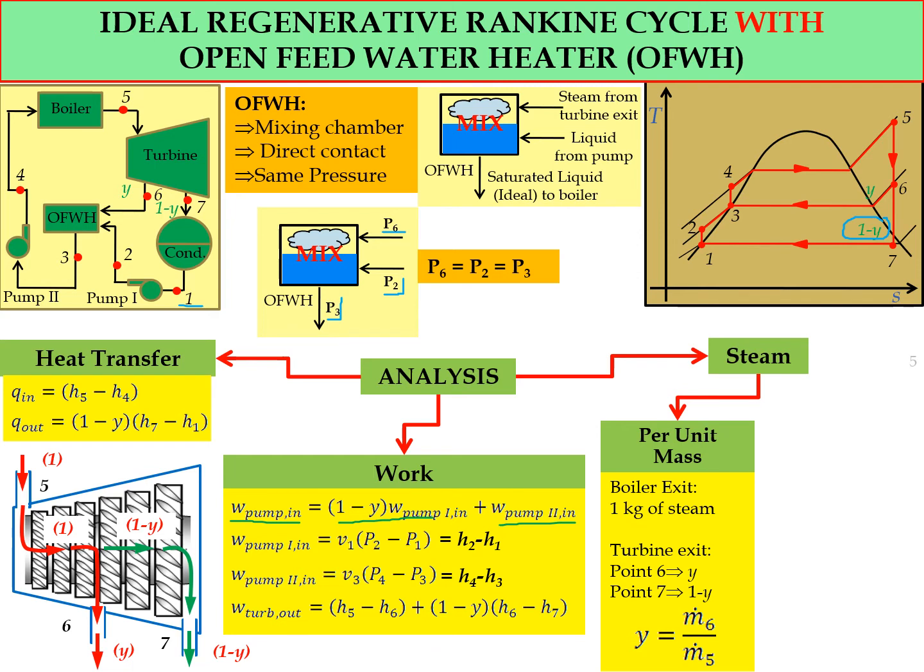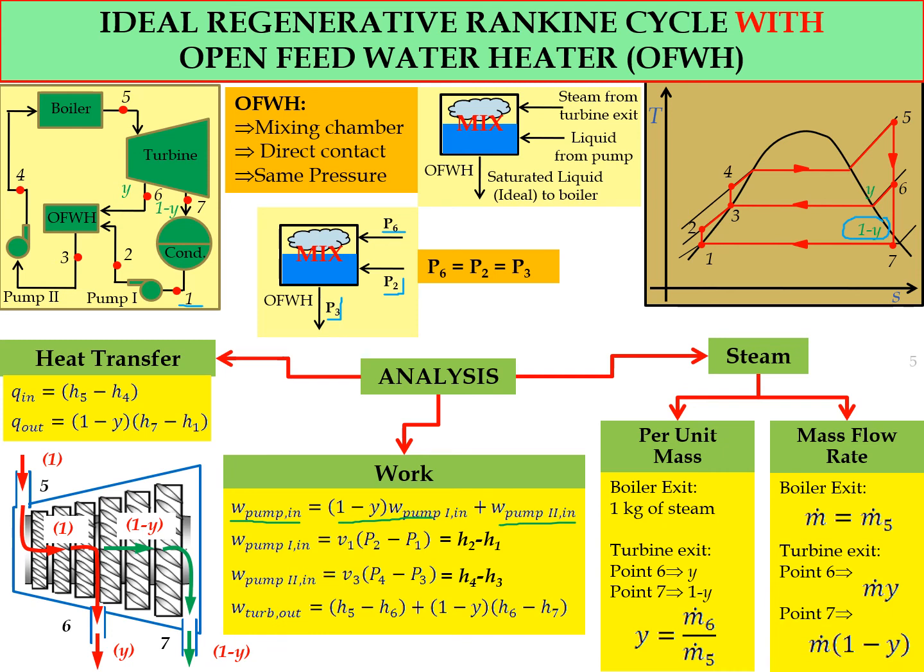And then the rest, which is 1 minus Y%, will go along the turbine and out of the turbine at state 7. So Y is equal to the mass flow rate at state 6 divided by the mass flow rate of the overall mass, which is at state 5.